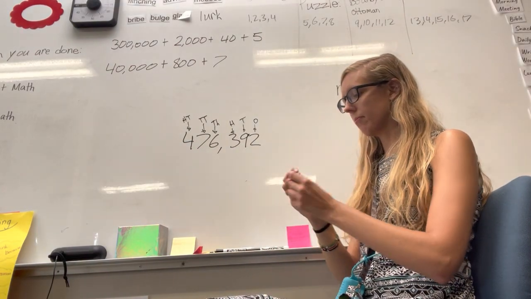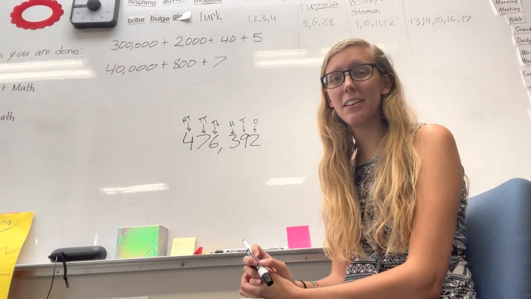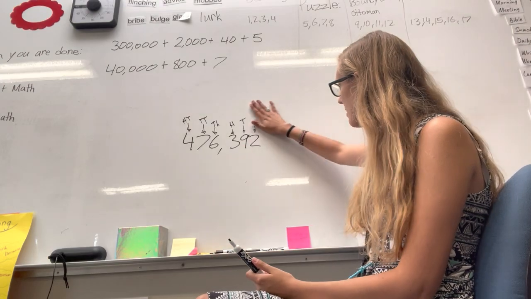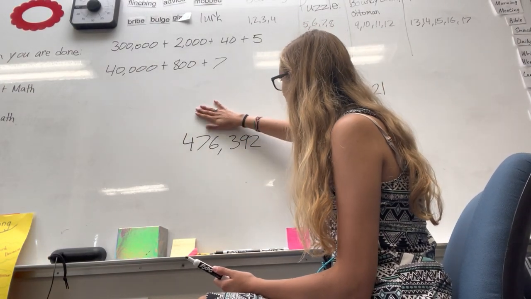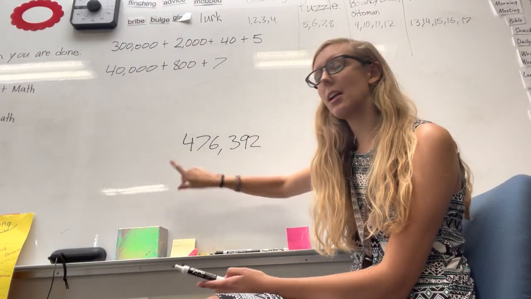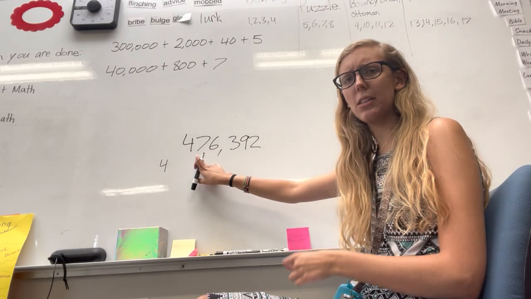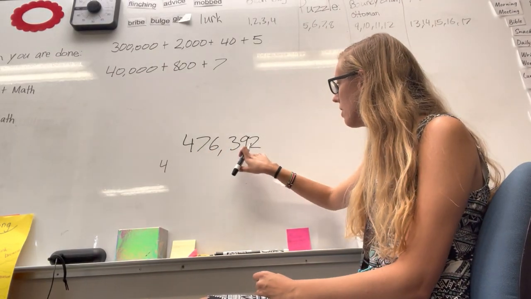So, here's what we're gonna do. First, we're gonna practice writing this in expanded form, all right? Just like we have done before, we're gonna take each number, we're gonna put that number first, 4, and then I'm gonna count how many zeros I need by figuring out how many numbers are behind it. 1, 2, 3, 4, 5.